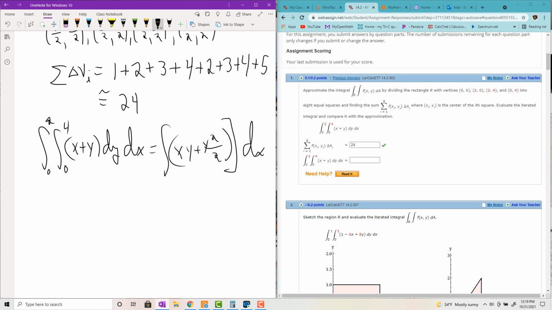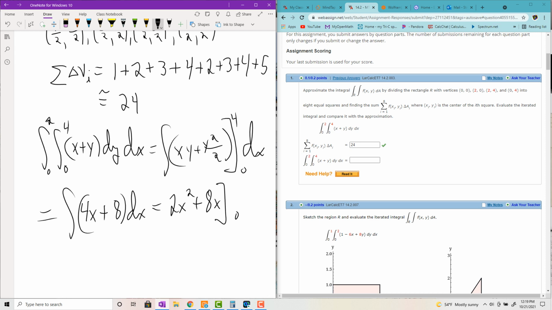Evaluate, and then dx, so 0 to 4. So I'm placing 4 in for y, so 4x plus 16 over 2 is 8 dx. And so we get 4x squared over 2, which is 2x squared, plus 8x from 0 to 2 now. So 8 plus 16, and yeah, 24, right on the nose.